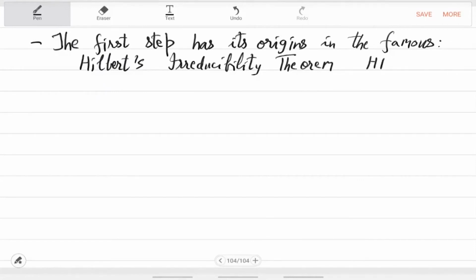So, we can call it HIT. Hilbert proved this theorem, which we will probably modify. The modified version is this.